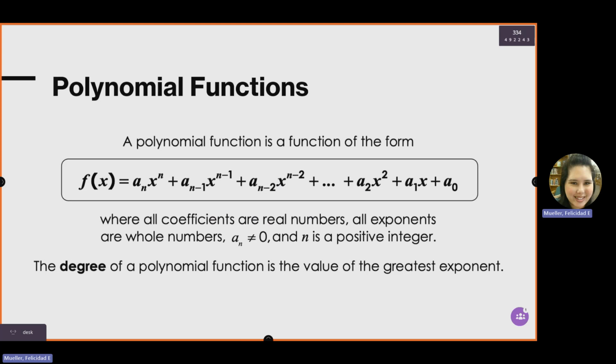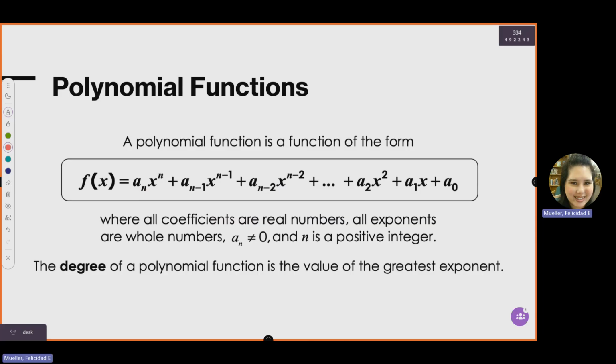All exponents are whole numbers, meaning we have no fractions, no decimals in our exponent section. And the leading coefficient, which is at the start, this a sub n right here, cannot be equal to 0. And all our exponents are positive integers. So basically, again, nothing having a fraction in here.